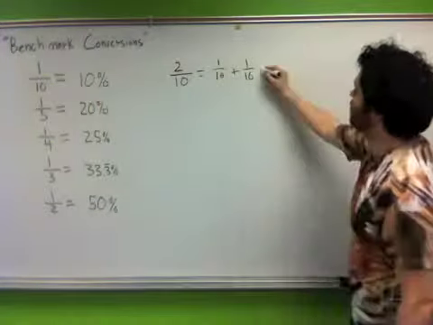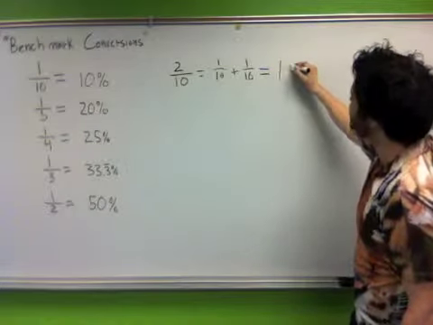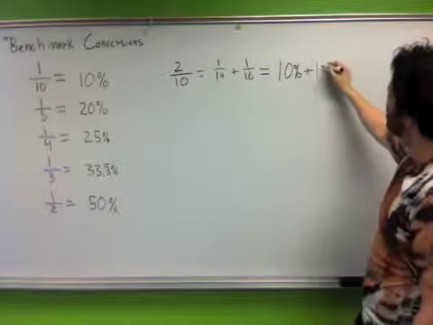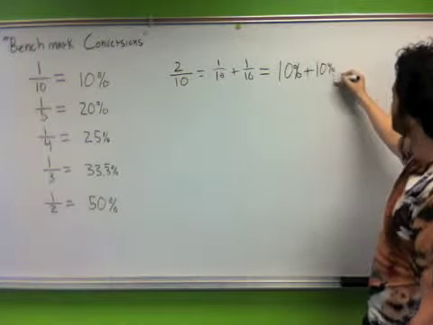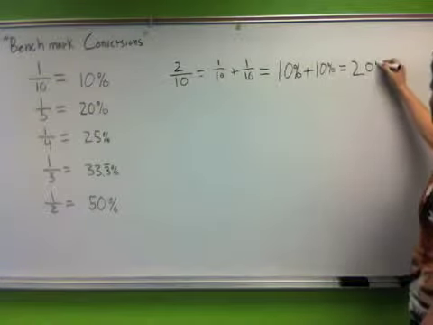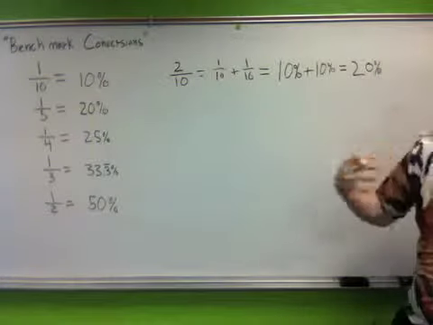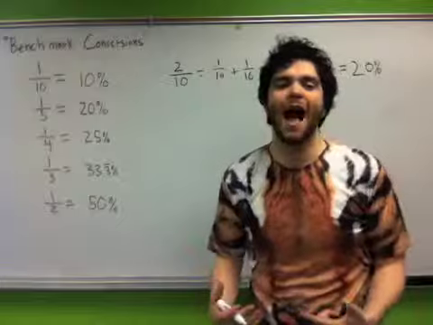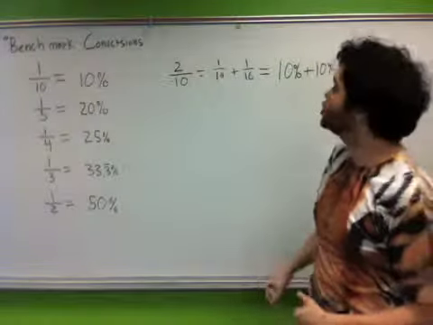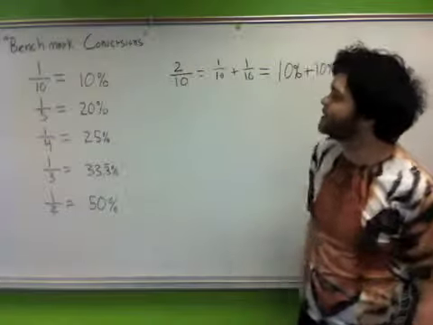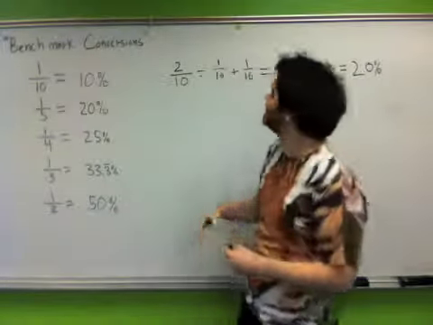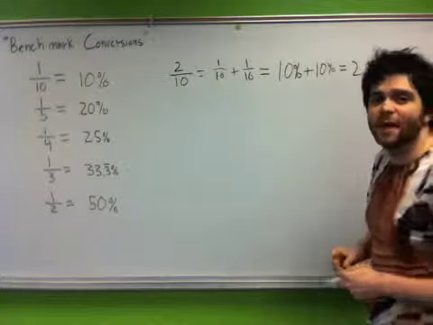So I'm really doing 10% plus 10%, which is going to be equal to 20%. Percents work just like whole numbers when you're adding them, except you've got to have that percentage sign at the end. So 2/10 is just 2 of these 10%, which is 20%.